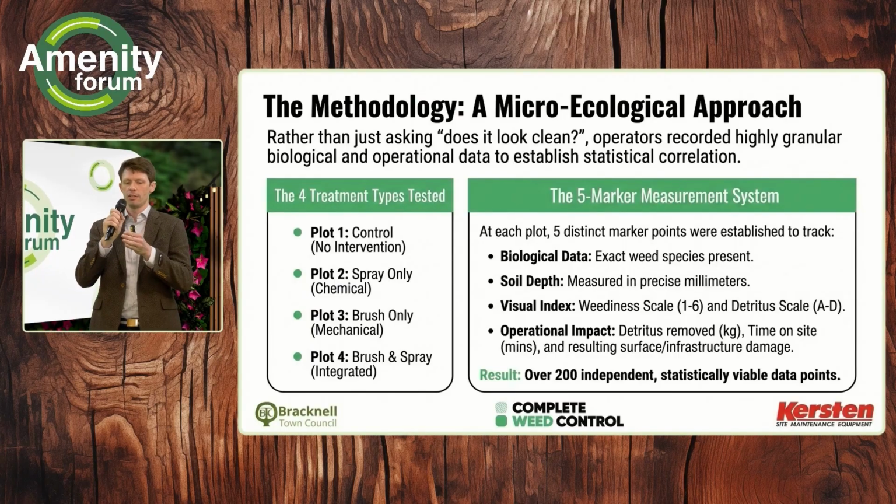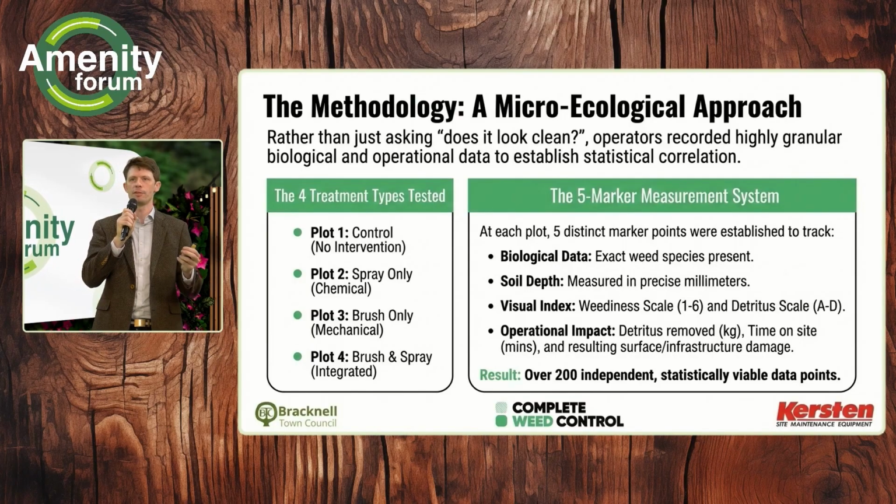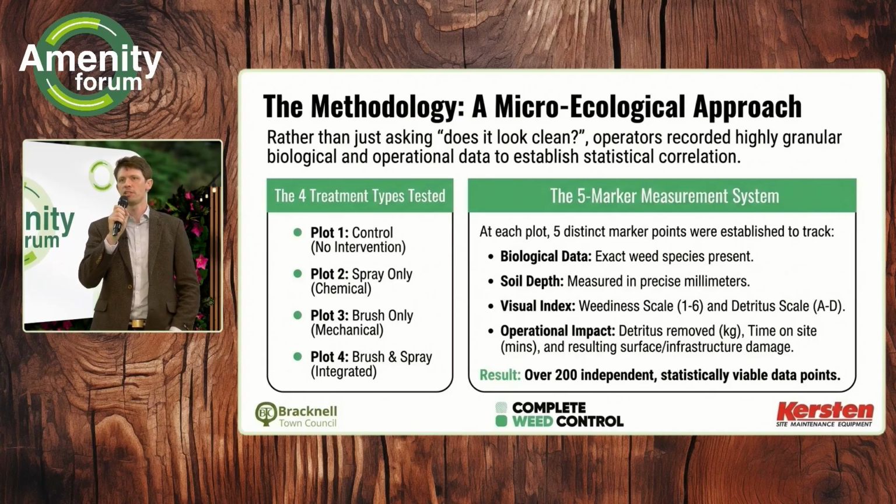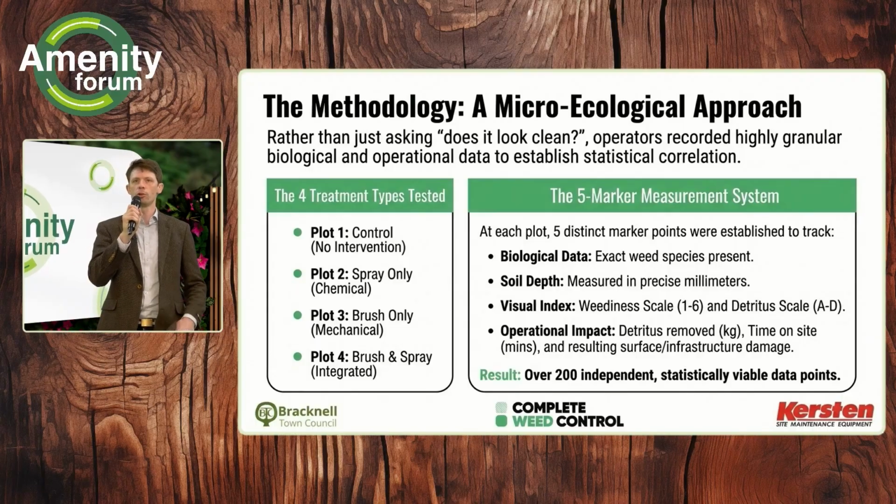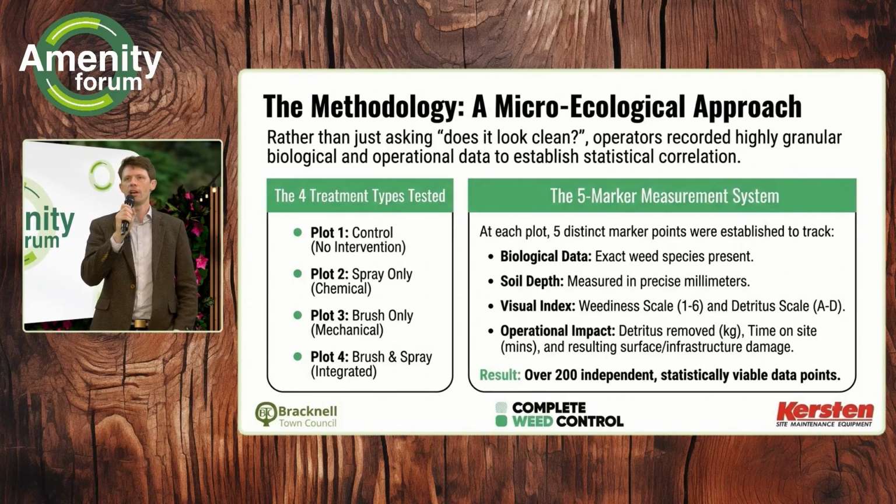We're measuring quite a lot of different things at these plots. We've got 5 distinct markers at each plot that we're taking images of and tracking different data. We're seeing exactly what weed species are present. We're measuring the soil depth precisely in millimetres with a vernier gauge. We're measuring the weediness scale, based on the scale from the Thanet project, and the detritus scale, which is in the Code of Practice on litter and refuse.